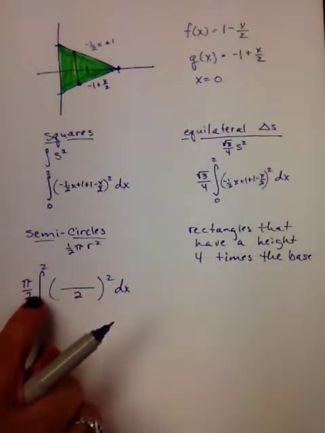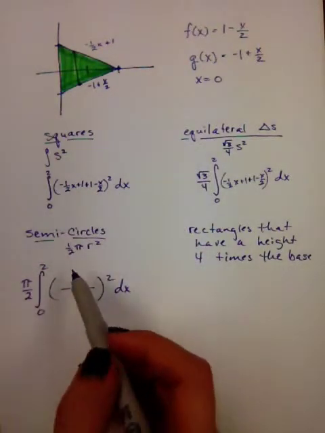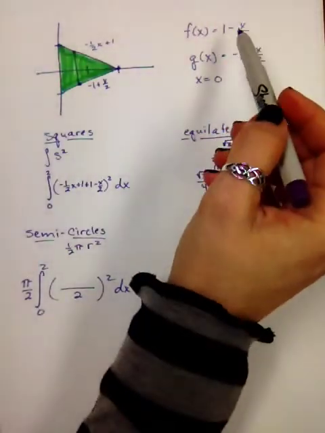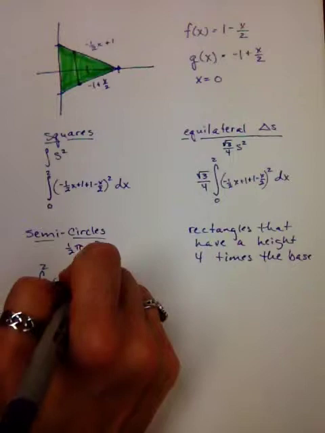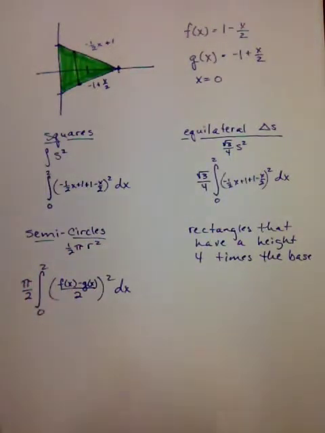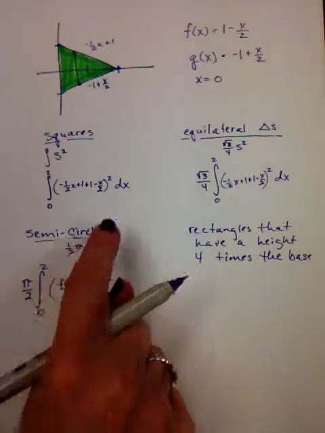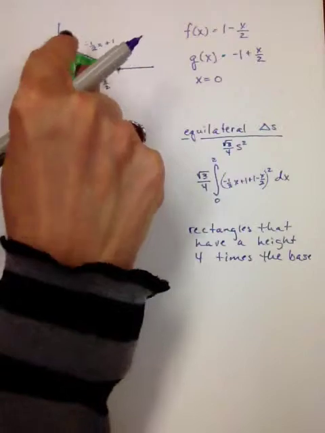This divide by 2 is here because it's a semicircle, it's half a circle. So my more positive minus less positive, which you can also write as f of x minus g of x, would be this expression right here.